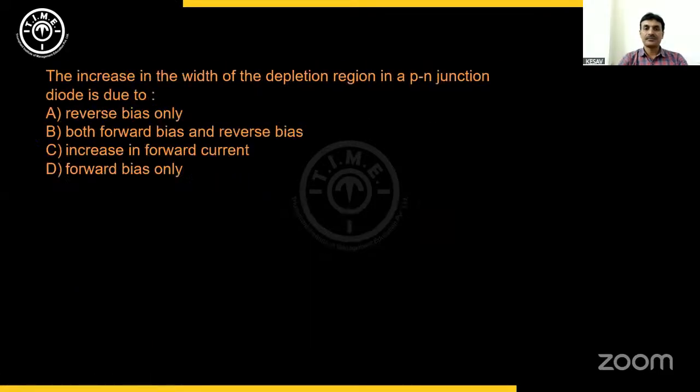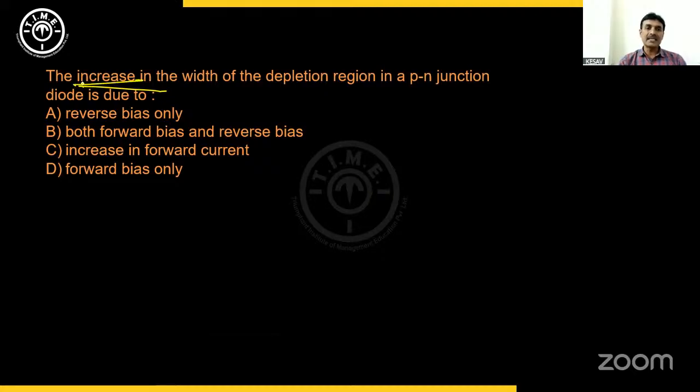Okay. Next. The increase in the width of the depletion region in a PN junction diode is due to increase in the width of the depletion region. Depletion region width may increase or decrease depending upon the type of bias. In forward bias, conduction takes place, width of the depletion region decreases.